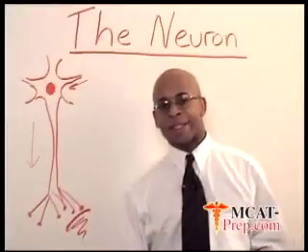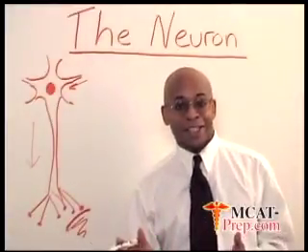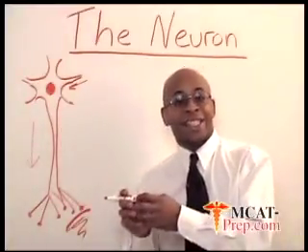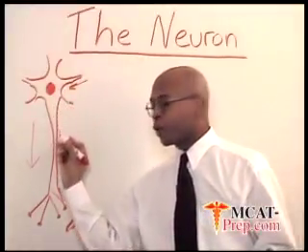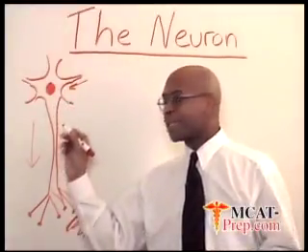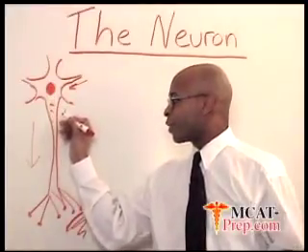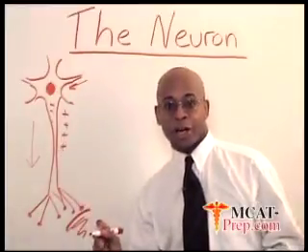Now the neuron itself, as you may remember from physics in terms of discussing what capacitance is, has a separation of charges. The inner part of the neuron is relatively negatively charged, and the outer part of the neuron is relatively positively charged.